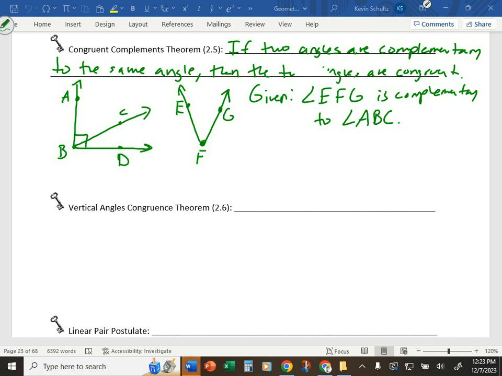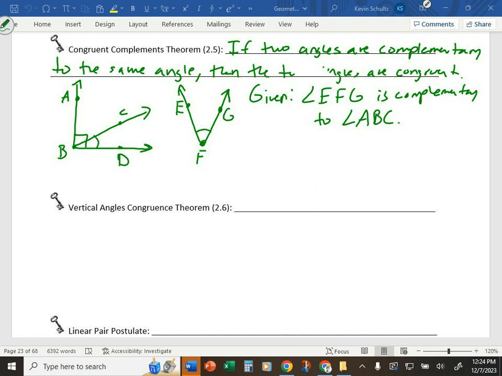If you are told that EFG, my apologies, is complementary to ABC, okay, that means that we could literally take angle EFG and kind of stick it in where angle CBD is, and it would fit perfectly. Because if EFG is complementary to ABC, it has to be the same size or congruent to CBD.